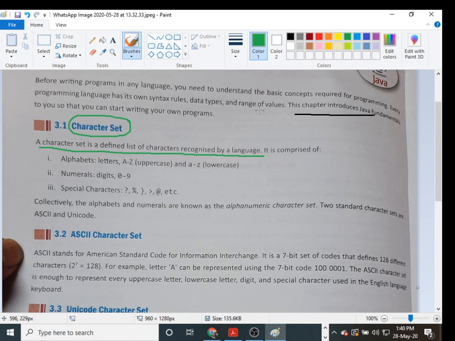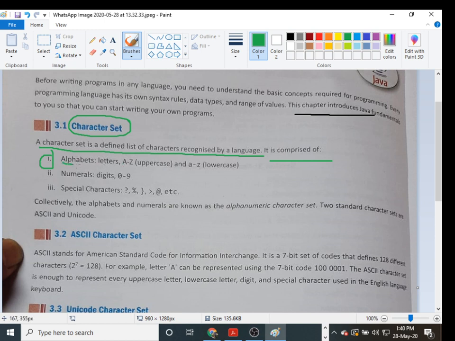Similarly in programming, or say in Java, because we are going to read Java, so I will especially teach you everything about Java. Java also uses its own character set, and this character set contains, number one, alphabet letters.